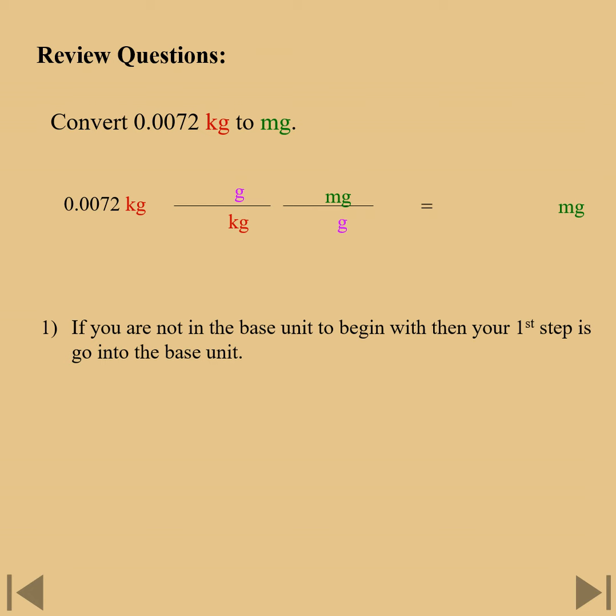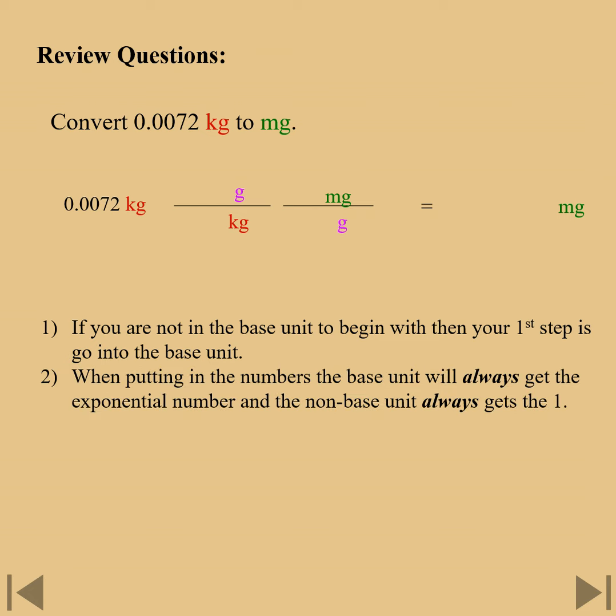Now for the numbers. The base 10 number always goes where? With the base units. So in this case it's the grams. The millis, the kilos, the gigas, the nanos, whatever those prefixes are, they get a 1. And now 1 kilogram, like 1 kilo anything, is 10 to the positive third. Whereas 1 milligram, like 1 milli anything, is 10 to the negative third.